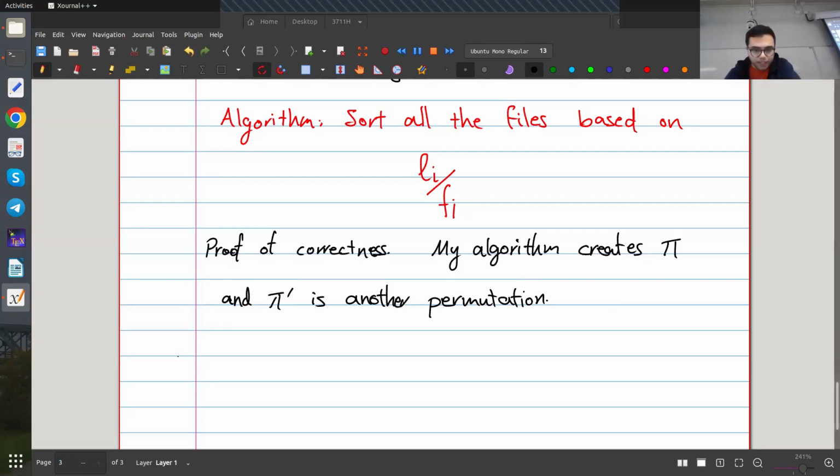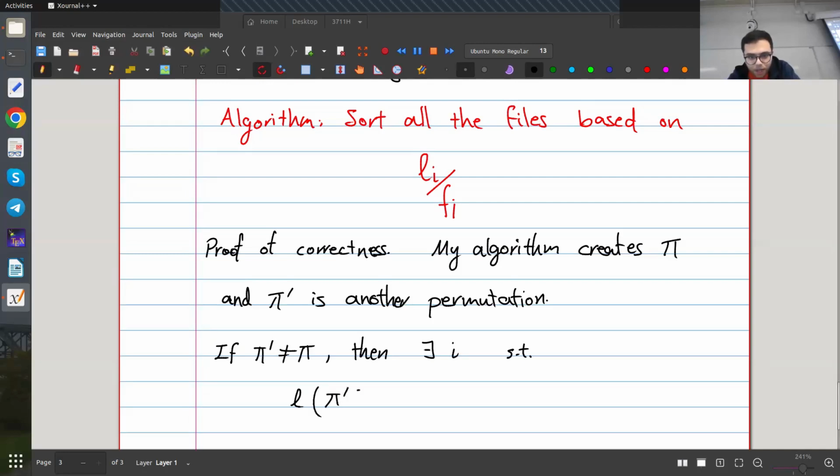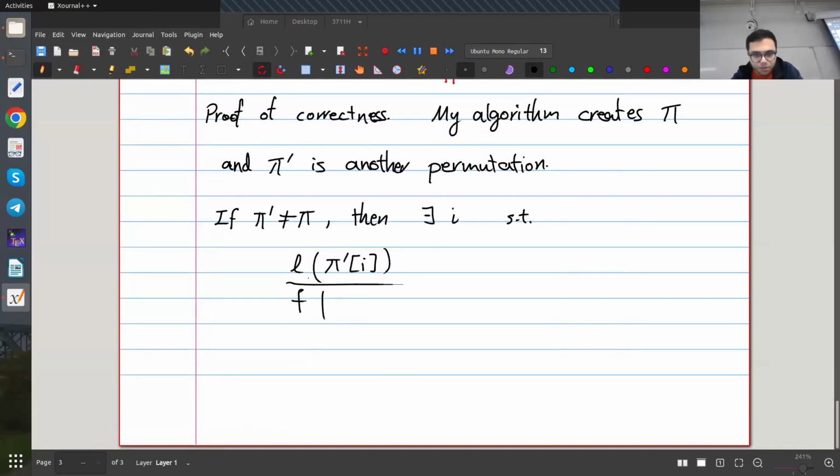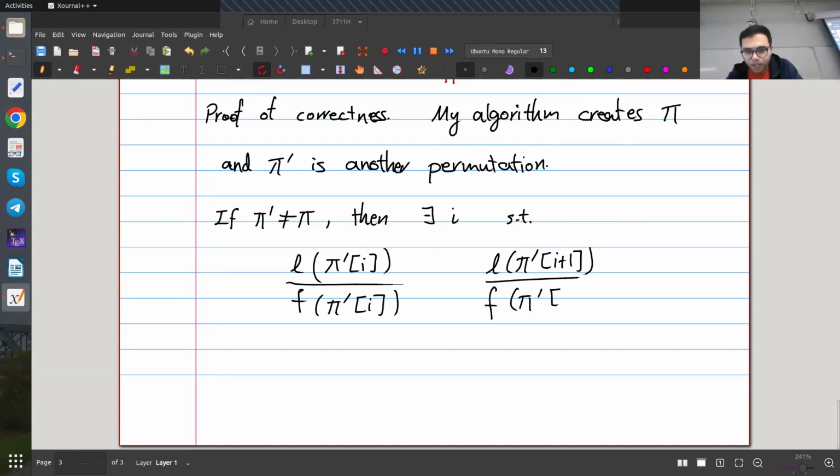So if P prime is not P, then there exists some index i such that the length of P prime of i divided by the frequency of P prime of i, and the same thing for i plus 1, the length of P prime of i plus 1 divided by the frequency of P prime of i plus 1, are not in sorted order.